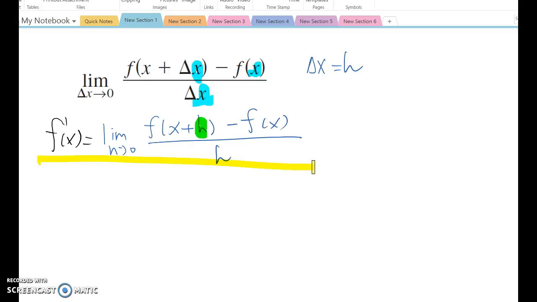We just call this the derivative because after we find it, we get another function, and then we can find the slope at a particular ordered pair. Good?